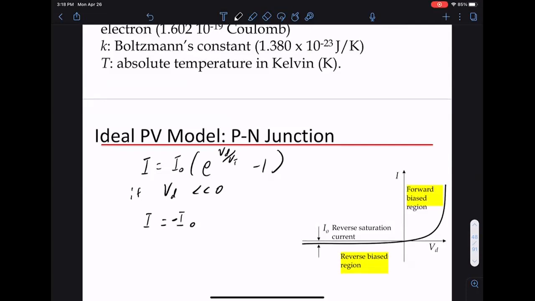So we want to capture that if the voltage is very small and reverse biased, you have negative I0. This is your reverse saturation current happening here.